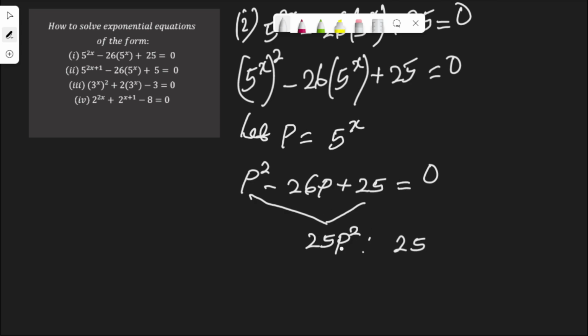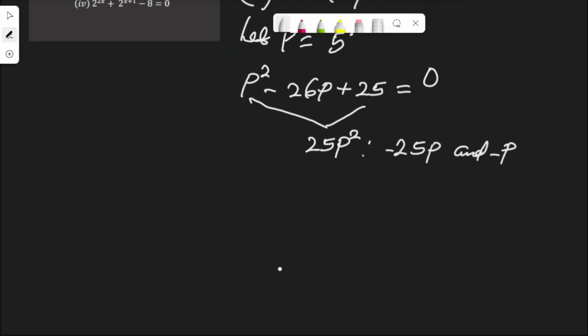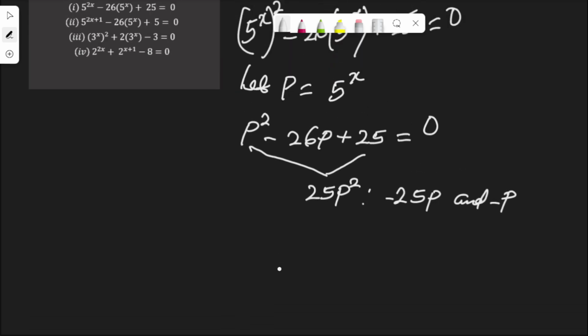And we're talking about factors of 25p squared, so that will be 25p and 1p. Since we're looking for negative 26p, both of these factors have to be negative. Negative 25p added to negative 1p will give you negative 26p.